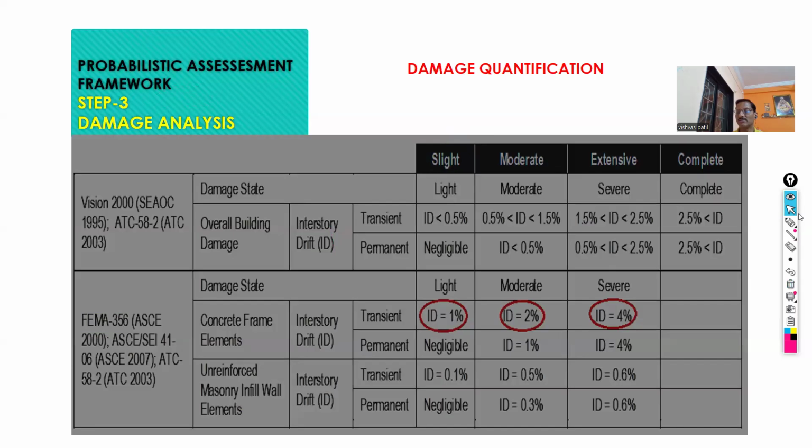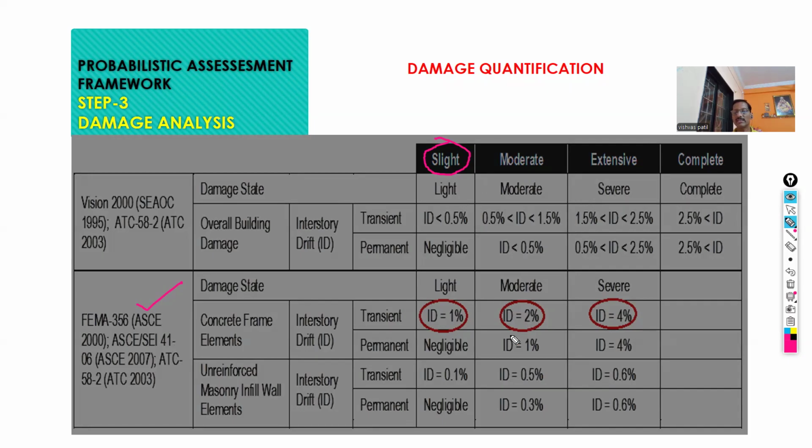And this is the damage quantification. Because in the analysis, in the software, how can we say that immediate occupancy has occurred? As a first example, slight damage is said to occur when interstory drift is 1%, as given in the relevant codes: FEMA 356, ATC 40, then ASCE 41, ATC 58.